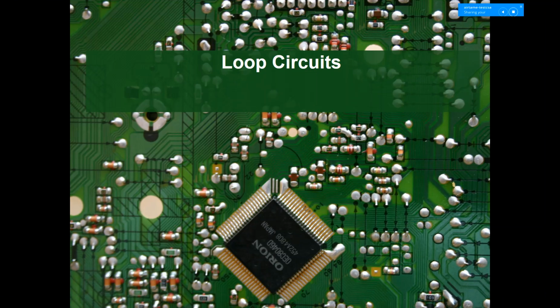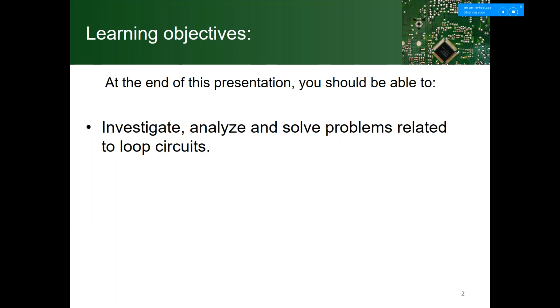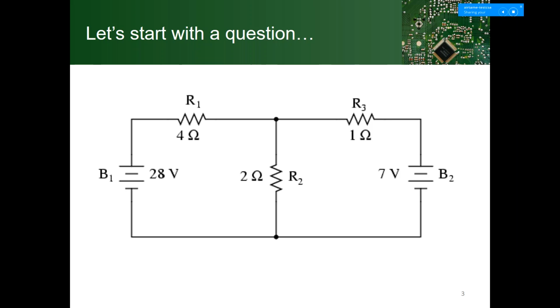All right. So let's get in it. They're called loop circuits. The whole idea behind this is to be able to measure the current and the voltage going through every single resistor in a circuit. You should be able to measure their resistance, their current, and their voltage. So this is what I mean by that.